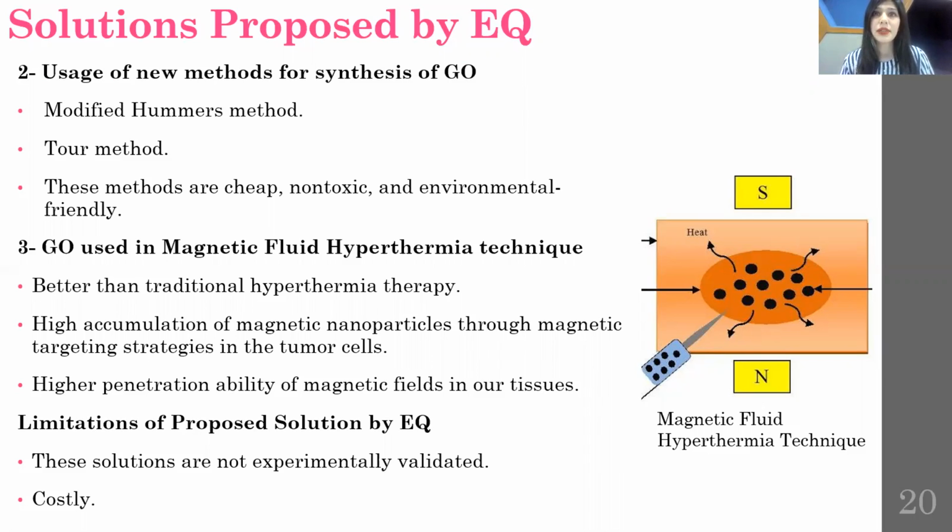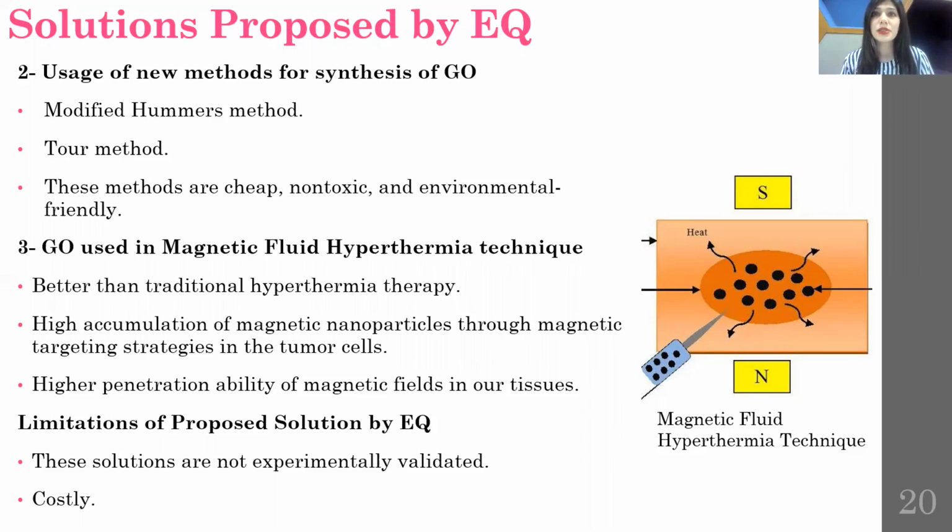Lastly, graphene oxide, being a biocompatible nanoparticle, can also be used in a technique called magnetic fluid hyperthermia. It is considered way better than traditional hyperthermia therapy. With this method, with the help of magnetic fluid, temperature can be controlled by the velocity and size of nanoparticles inside the body.